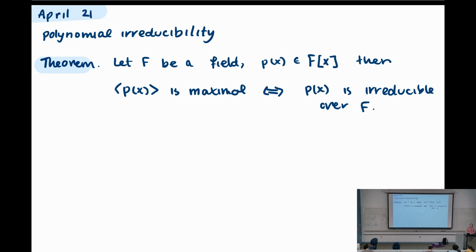Okay, does this statement make sense? Are there any questions? Let me just note quickly that we had a previous theorem that said an ideal is maximal if and only if F[x] mod P(x) is a field.